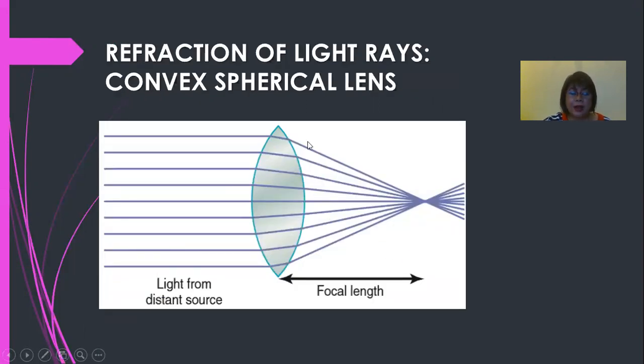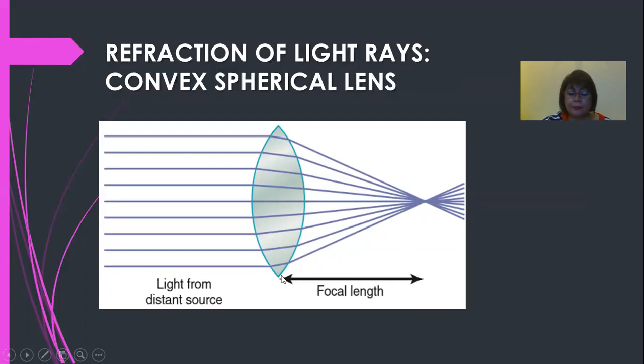So when you refract light rays through convex spherical lenses like this one, first the light rays will go straight there, and then at the point where it meets the spherical lens, it will bend, but it will converge into a focus point here.